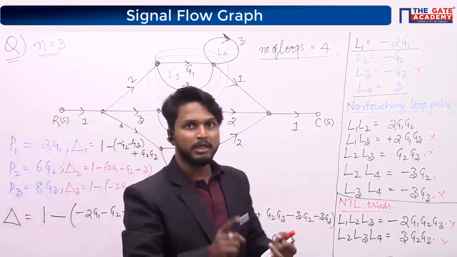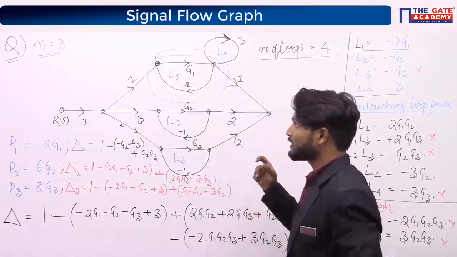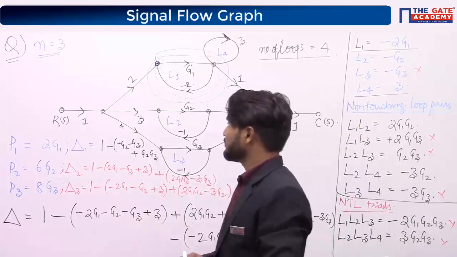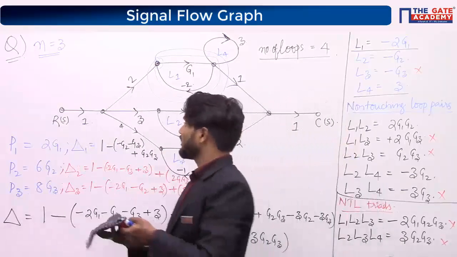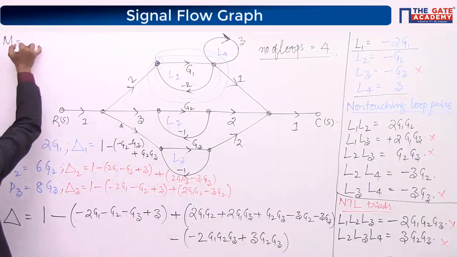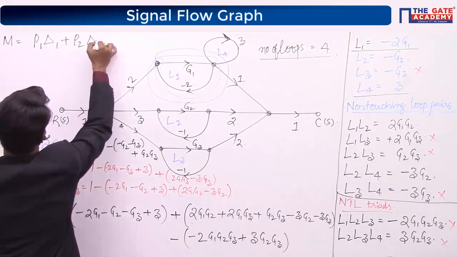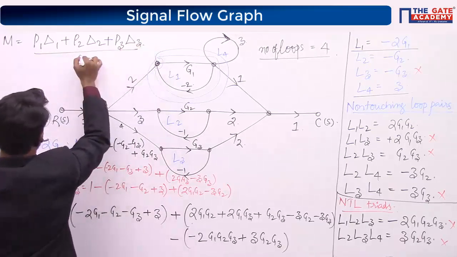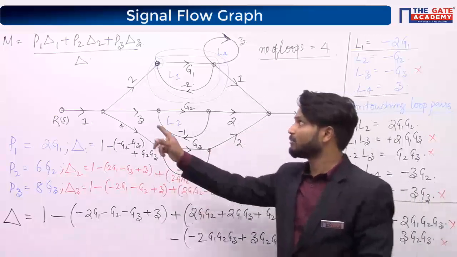So you have got P1, delta 1, P2, delta 2, P3, delta 3 and delta. You have got everything. So what does Mason's gain formula say? If you expand Mason's gain formula, M is equal to P1 delta 1 plus P2 delta 2 plus P3 delta 3 divided by delta.